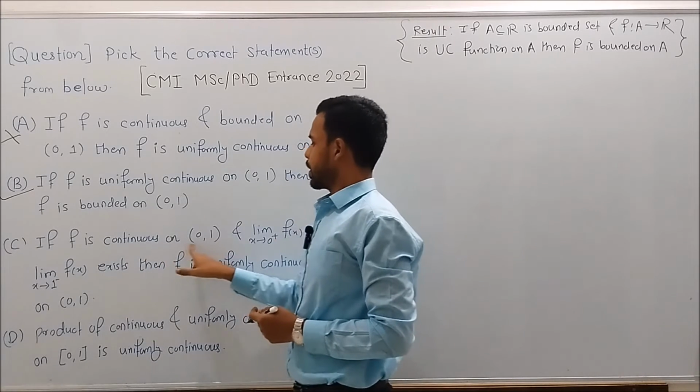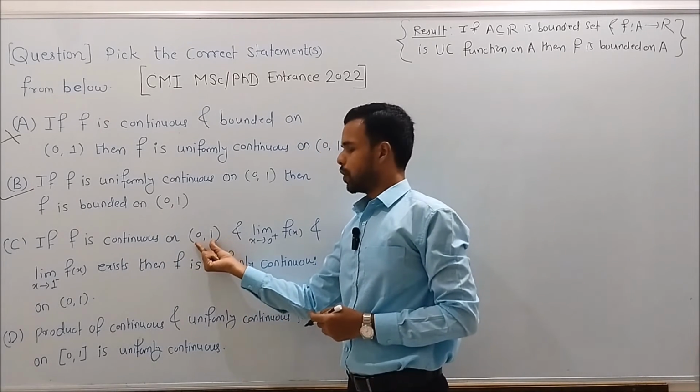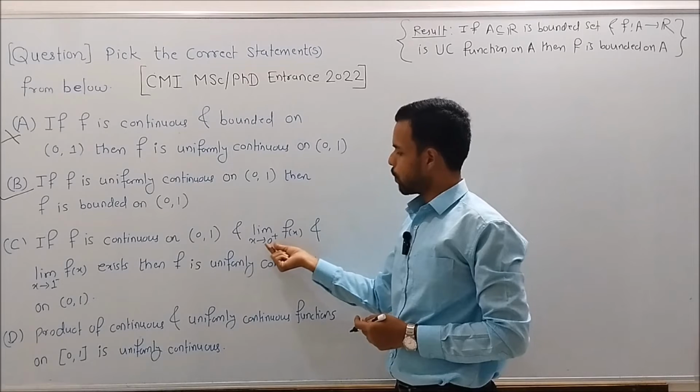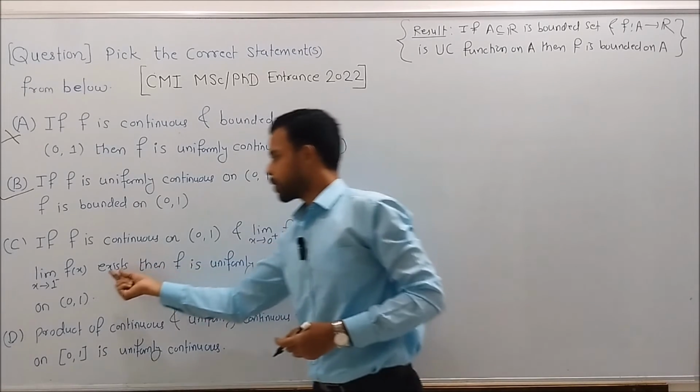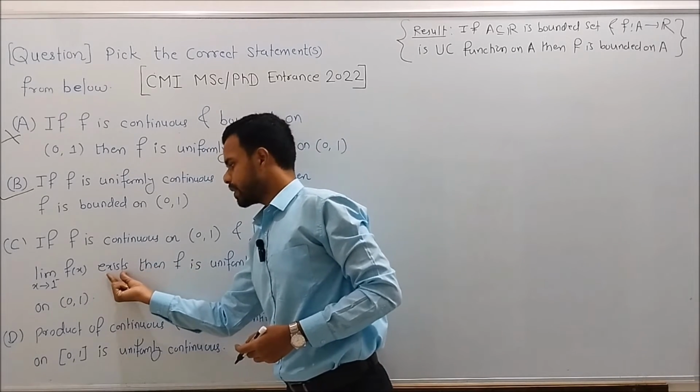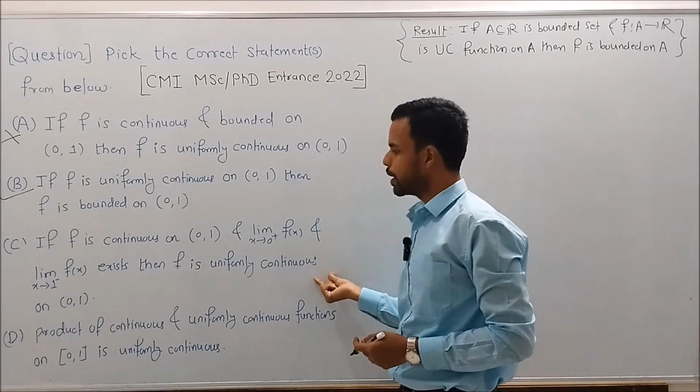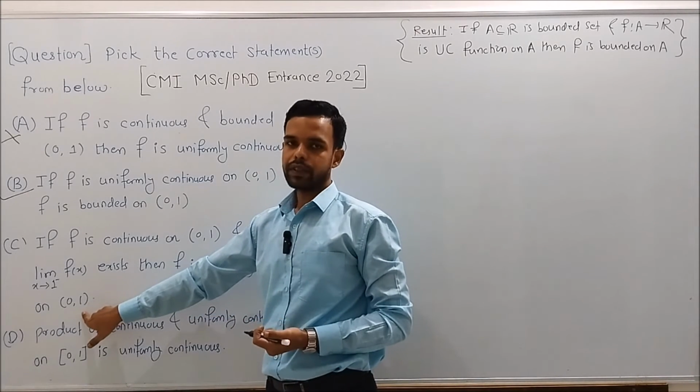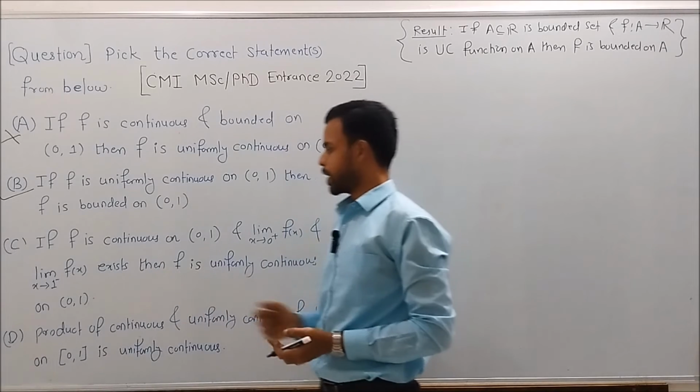If f is continuous on the open interval (0,1) and the right hand limit of f(x) at 0 and the left hand limit of f(x) at 1 exist, then f is uniformly continuous on the open interval (0,1). Yes, this is also a true statement.